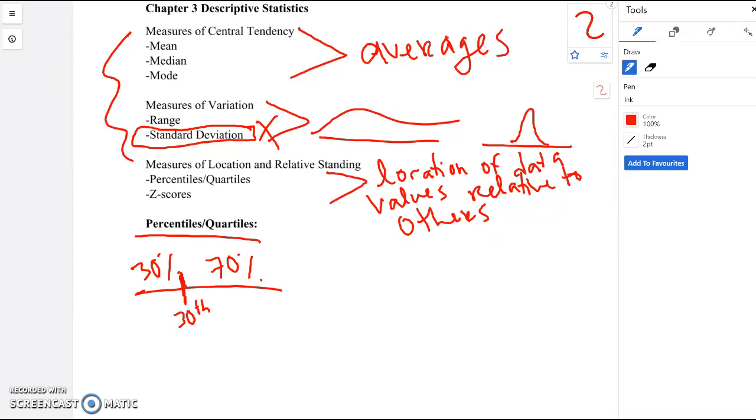So let me give you a definition. Percentile. That way you can know what I'm talking about.